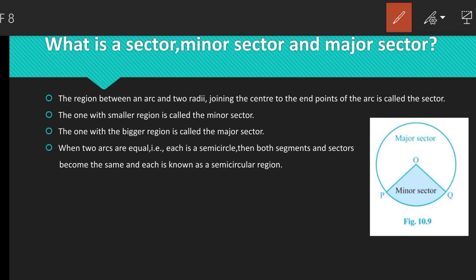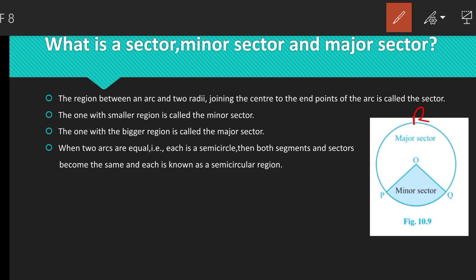If we take the small minor arc, that is PQ, and the two radii, we will get the minor sector. So the one with the smaller region is the minor sector. Whereas if we take the arc PRQ, where R is on top, and these two radii, that is OP and OQ, then it forms the major sector. Major means the bigger one.